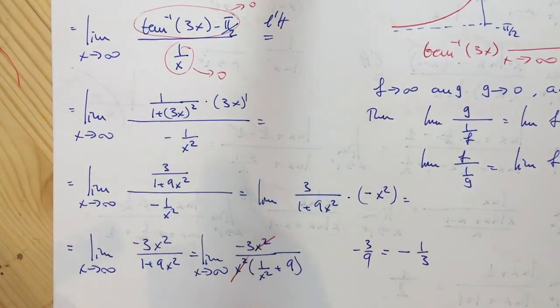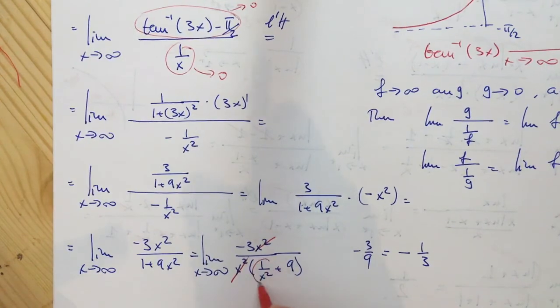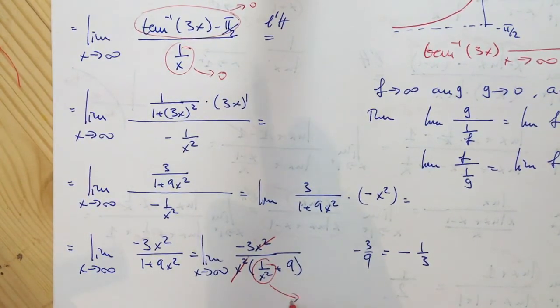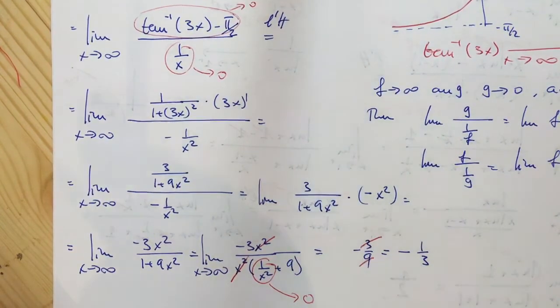Cancel the highest exponent and then send x to infinity. As you can see, x appears only here. 1 over something that approaches infinity is 0, so you're left with negative 3 over 9, which is negative 1 over 3.